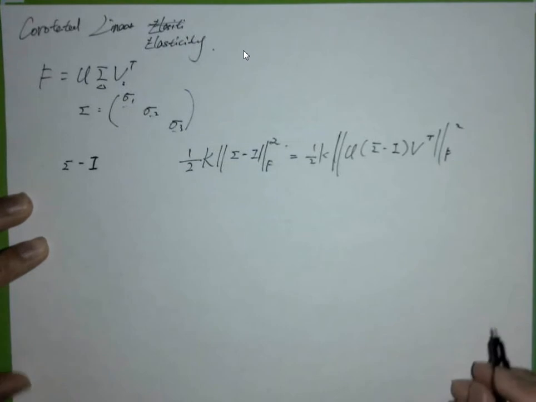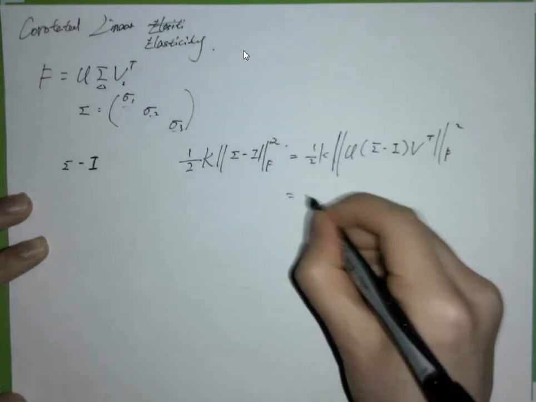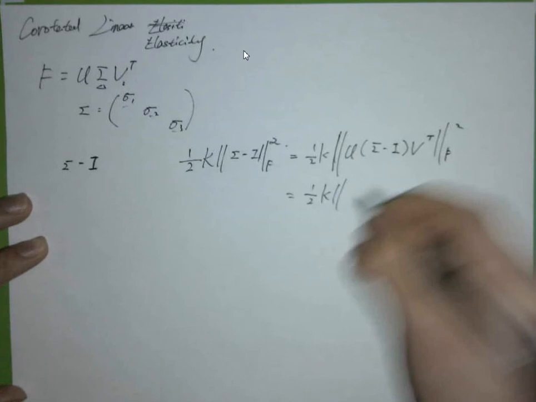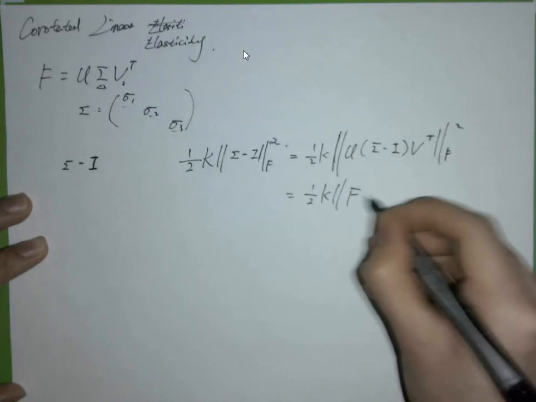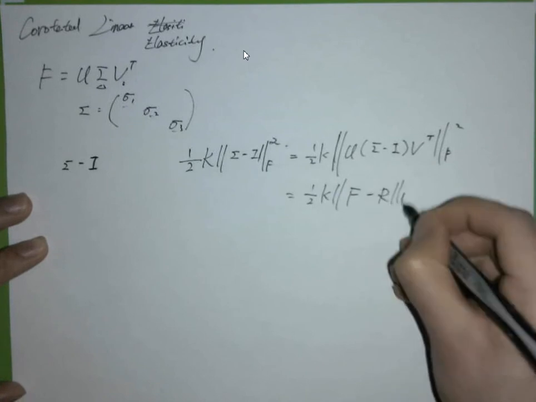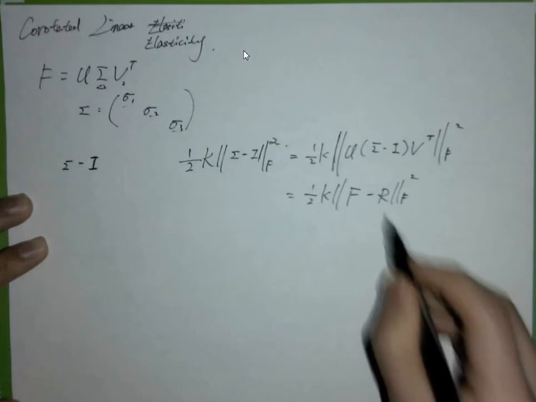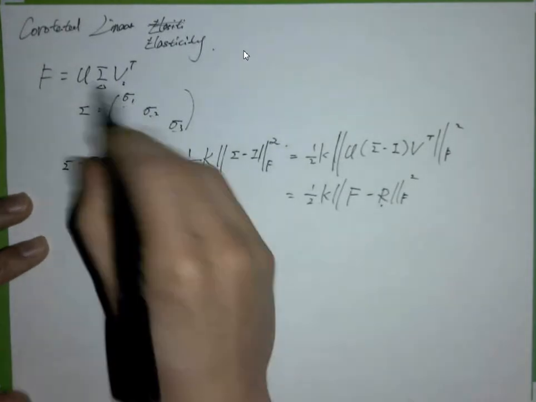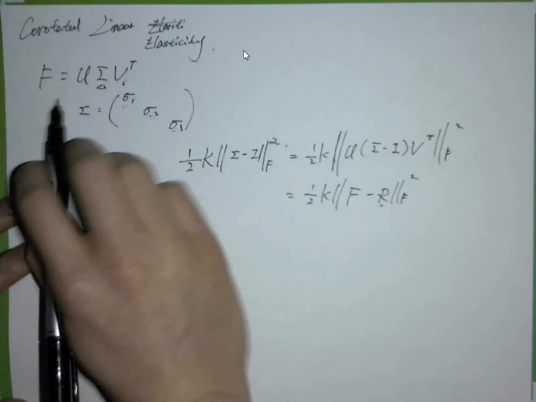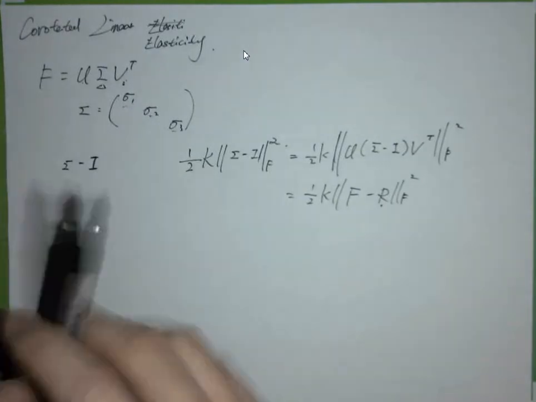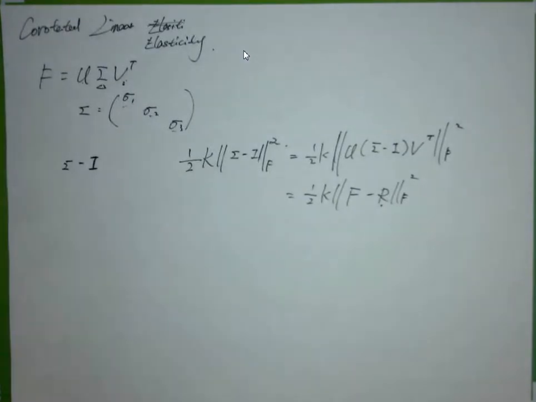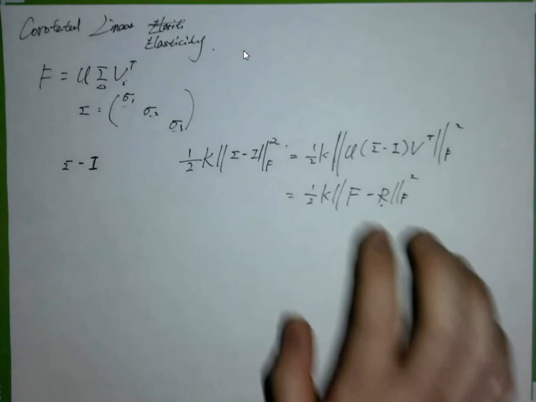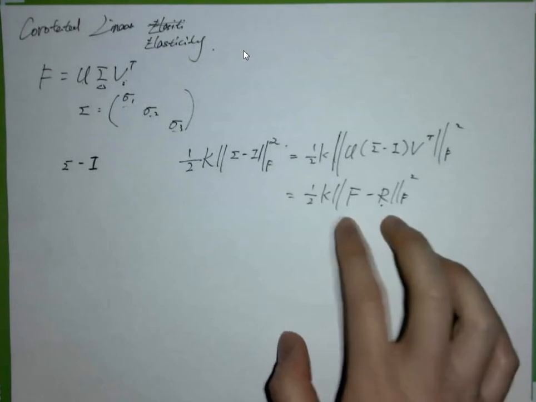And this becomes 1/2 of K times the Frobenius norm of deformation gradient F minus R, squared. And this R is the best fit rotation UV transpose of my current deformation gradient F. Okay, so this sounds really reasonable, because it cancels rotation nicely. It is also a linear elasticity model, a second order polynomial on F.